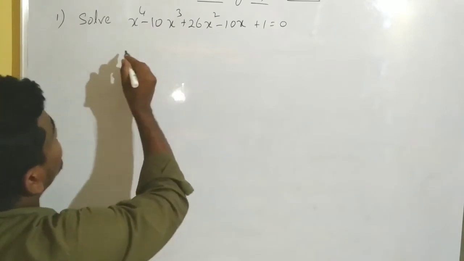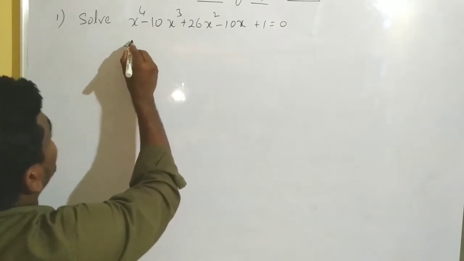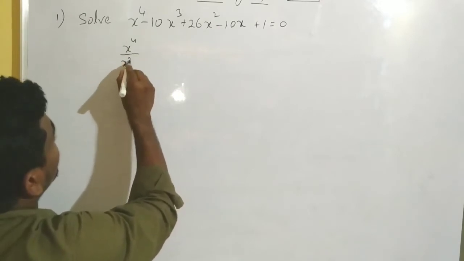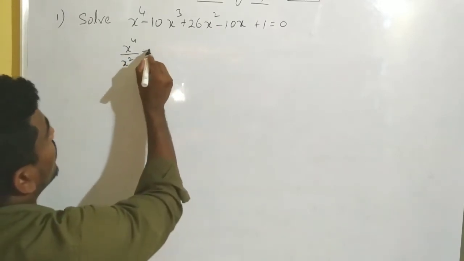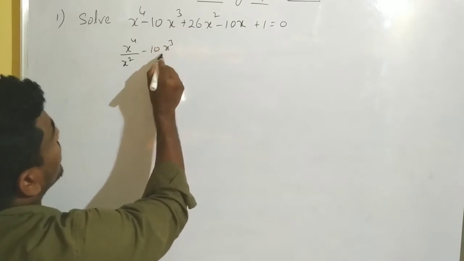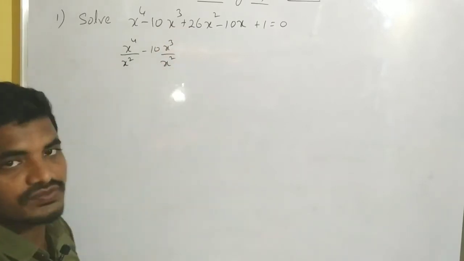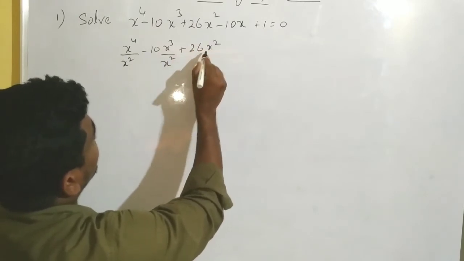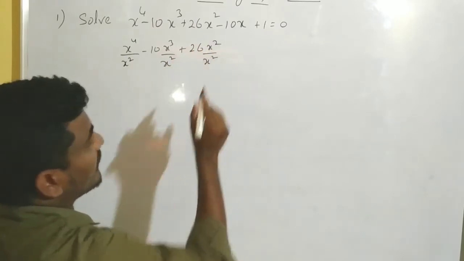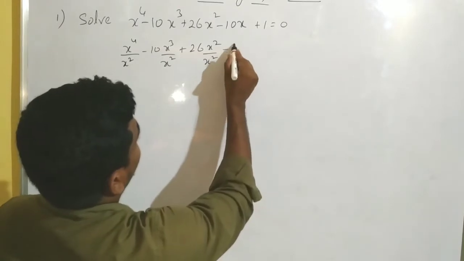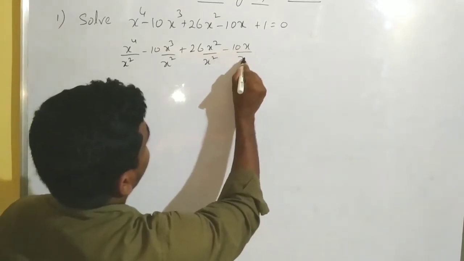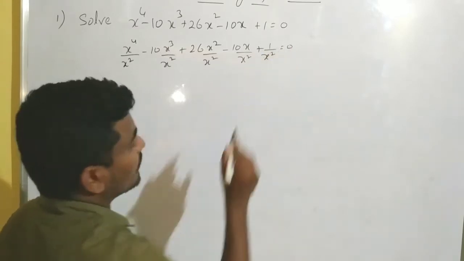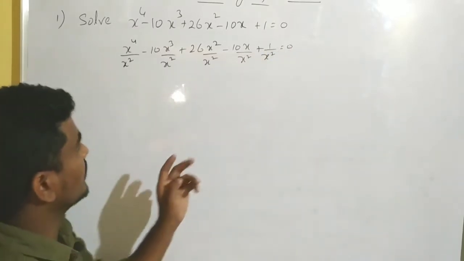Then it becomes x power 4 by x square minus 10 x cube by x square plus 26 x square by x square minus 10x by x square plus 1 by x square.